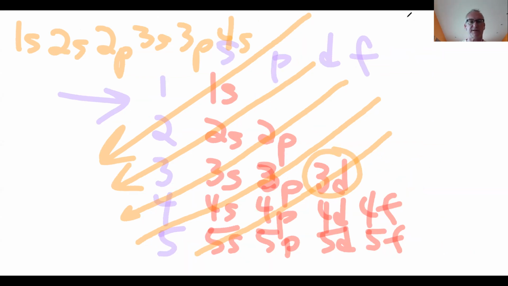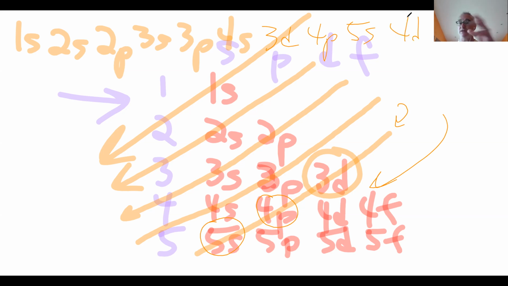So 1s, 2s, 2p, 3s, 3p, 4s, and we come back, 3d, and then 4p, 5s, and then back to 4d. So basically, you can just sort of add these electrons together until you get to 43.